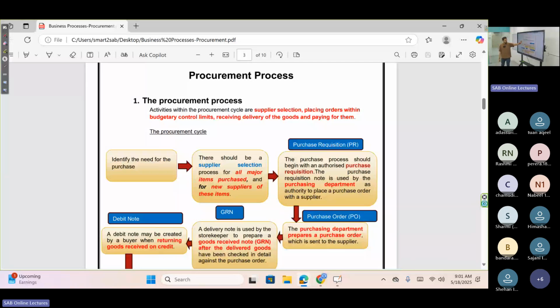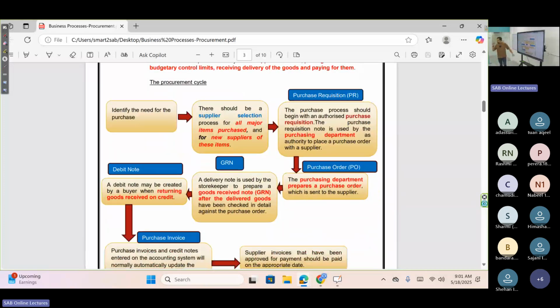We don't need to put it on the process side, but your purchases must be within the budgetary control. I'll explain later. Then receiving delivery of the goods and paying for them. This is the summary of the purchase process. You should remember those 10 activities we have discussed now.